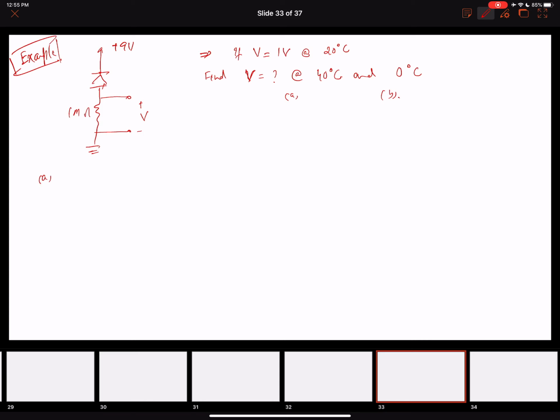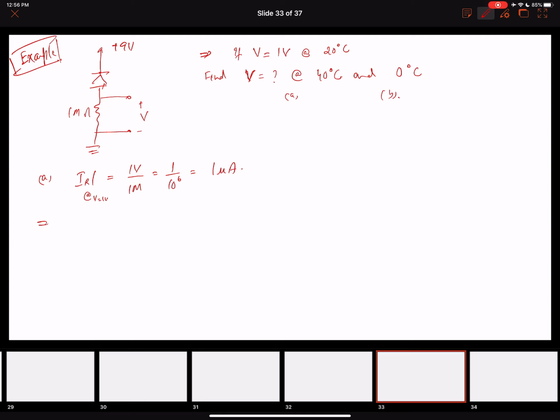Okay, so in A, let's first find the value of the reverse current when V equals 1 volt. The reverse current at V equals 1 volt will be 1 volt divided by 1 megaohm, so 1 over 10 to the 6, 1 microampere.